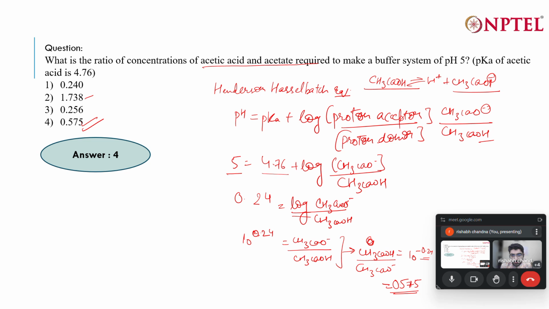Then we have to calculate negative on both sides. Yes, will it be 10 raised to the power minus 24 or something like that? So what was your question? I didn't get. Can you please repeat? Here you had subtracted 4.76 from the 5. Suppose instead of 5, the pH is 4 or less than 4, then what will we do?